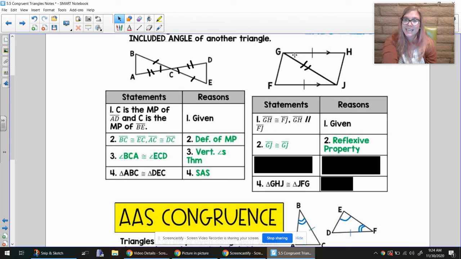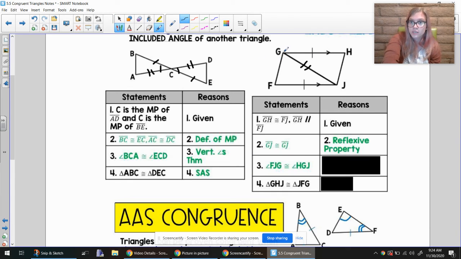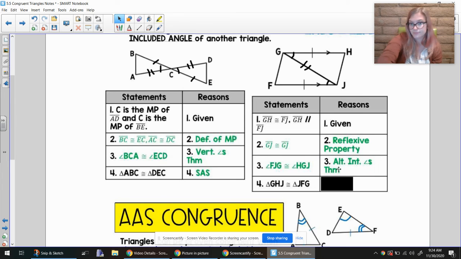Now we need to prove that the angle in between them is congruent. And we can do that because we know that if GH is parallel to FJ, those angles are going to be alternate interior angles. Now the two triangles are congruent using side angle side.